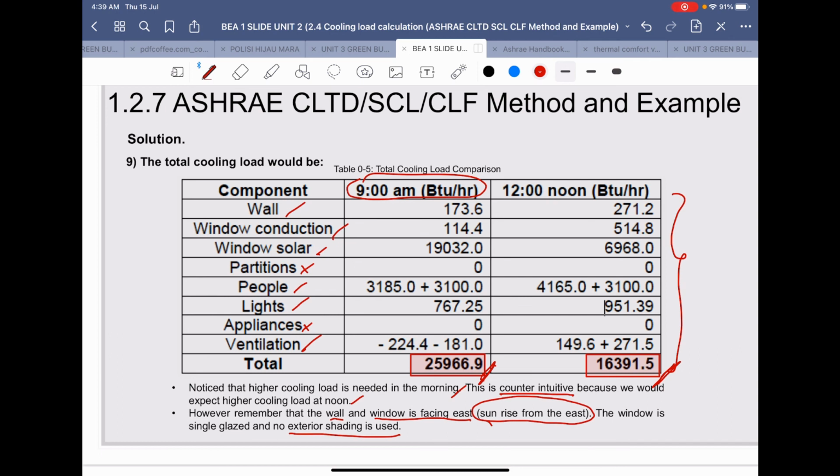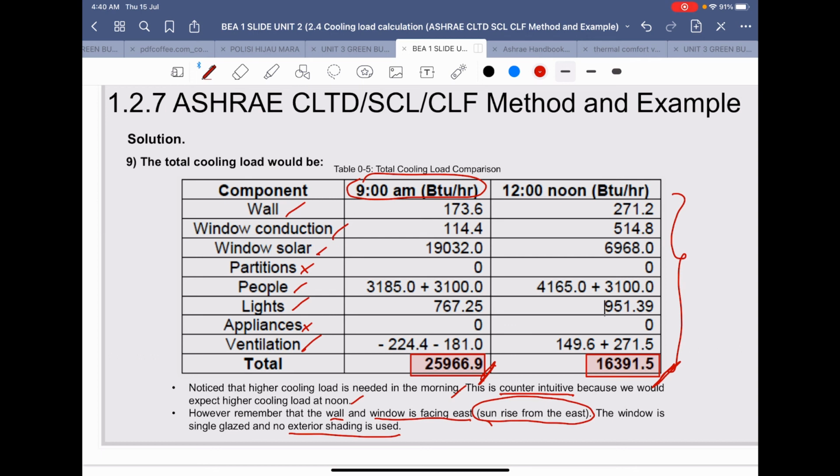This is an important study. In green building, it is very important to study the differential load at different times, because the instantaneous load is different at 9 AM and at 12 noon. Besides, as we have mentioned before, the wall itself experiences thermal lag.